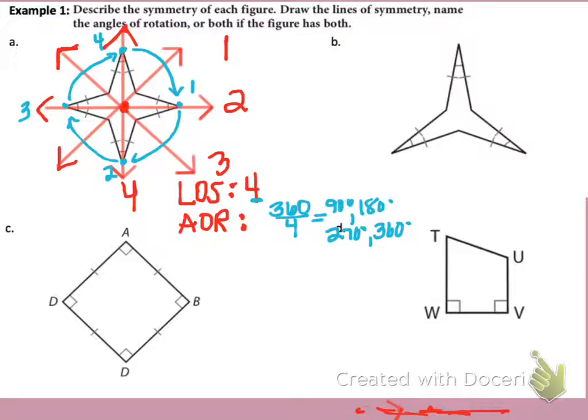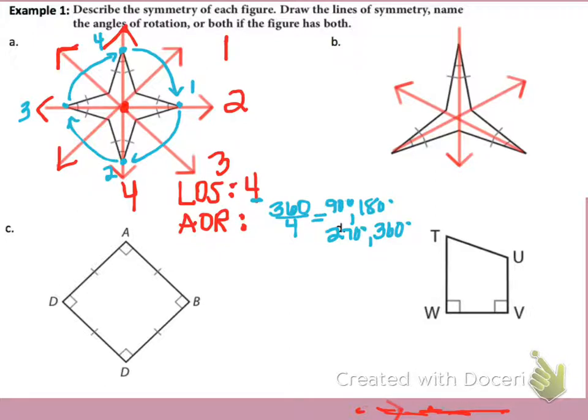This one's very similar, and you may already be able to tell that because it has 1 less arm, it's got 1 less opportunity for symmetry, right? There's 1, there's 1, and there's 1 right here. And that's all your lines of symmetry.